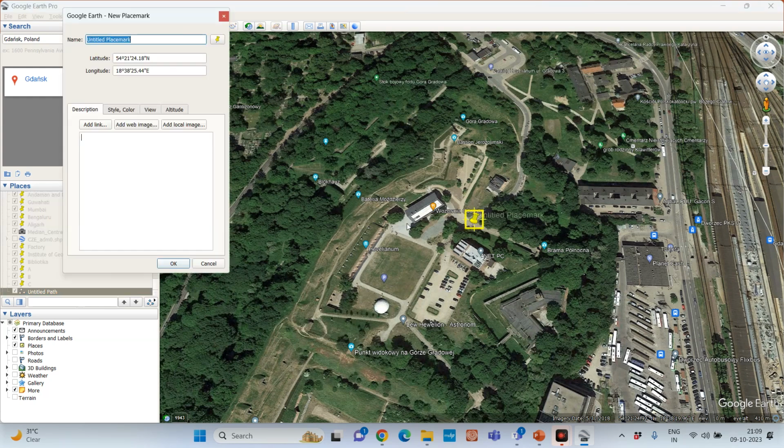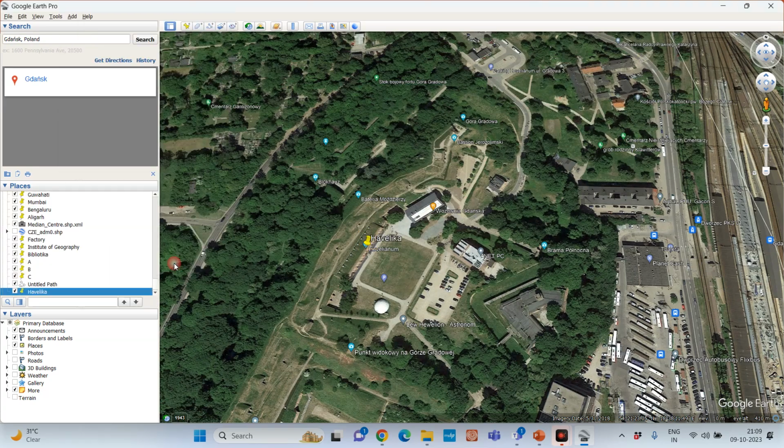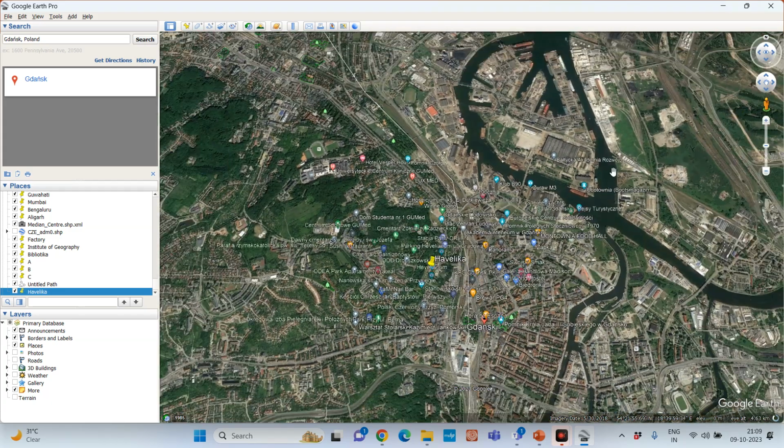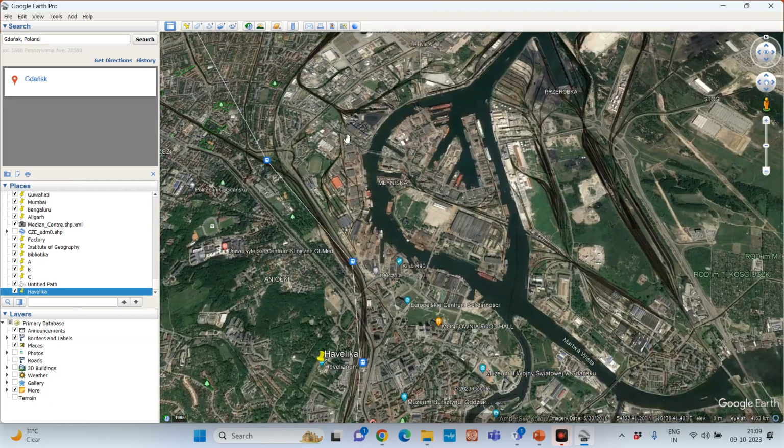So you make a point over here, called Hevelianum. And suppose there is a beach over there, and many other shopping malls also. You just make a point. This is one kind of your vector data, vector object.